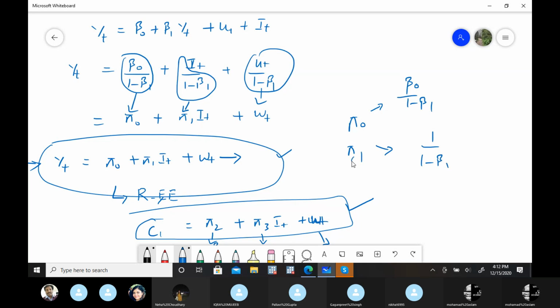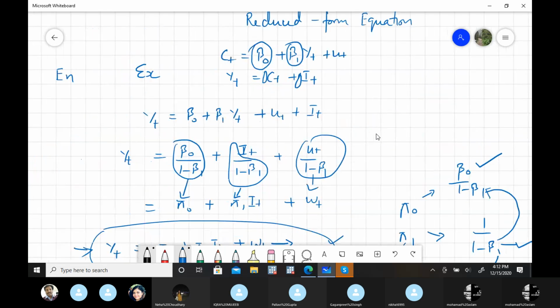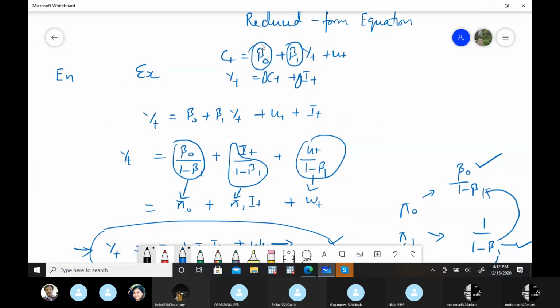So if you put this value into beta 1, from this equation you will get the value for beta 1, right? Then if you put this beta 1 value into this equation, you will get the value for beta 0. So in the end we will get values for beta 0 and beta 1. So we will get estimates of this consumption function.